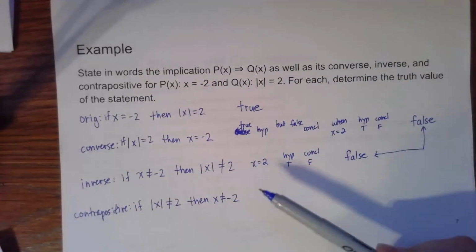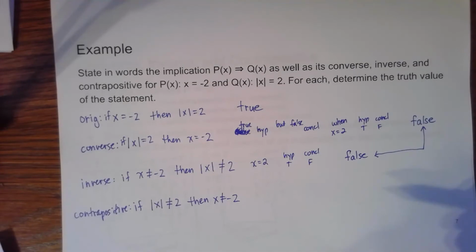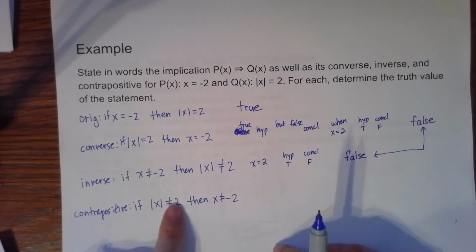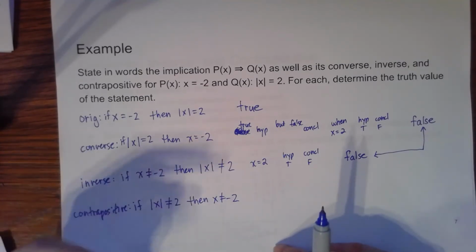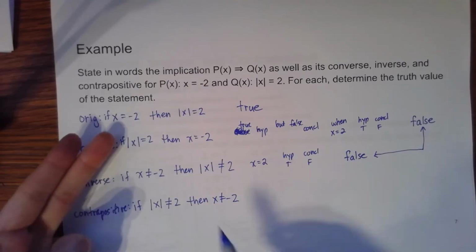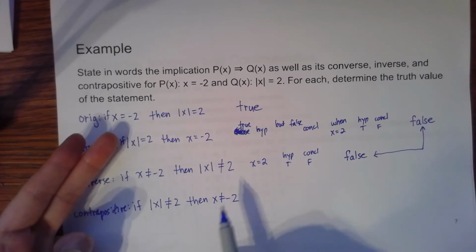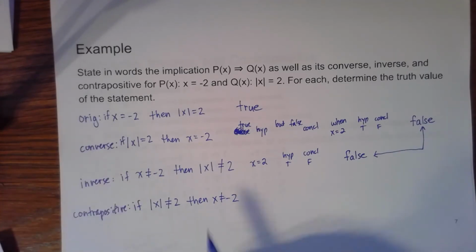So we know we're going to get true, but let's convince ourselves that we would get true. If we pick some number, now the absolute value can't be 2. So we can't pick 2, and we can't pick -2 to make this one true. So if we have any numbers that are not 2 and not -2, then this one will also be true.